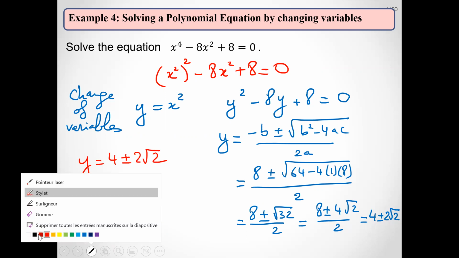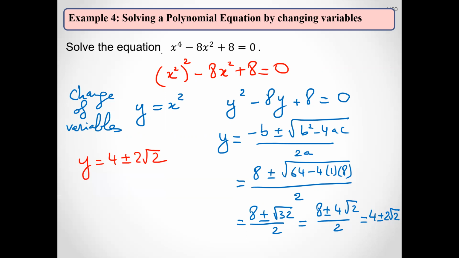But we are asked to solve the equation with variable x. So we need to calculate the value of x. Once we find y, we must go back to x. So y is x squared, and then x squared is 4 plus or minus 2 root 2.